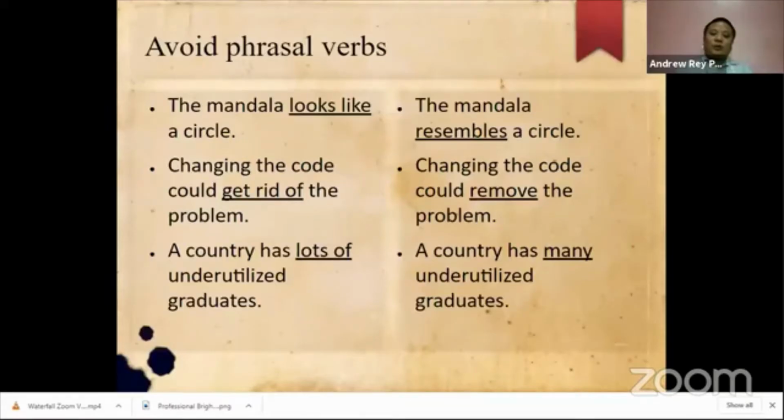Changing the code could get rid of the problem. Get rid of is a very informal phrasal verb. You replace it by saying changing the code could remove the problem. A country has lots of underutilized graduates. Lots of is also informal. So you say a country has many underutilized graduates.